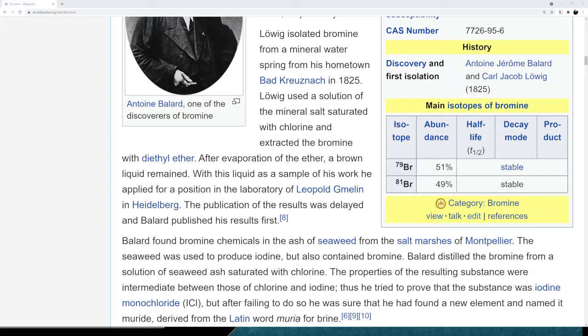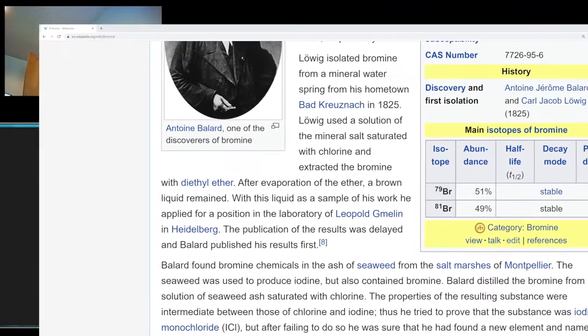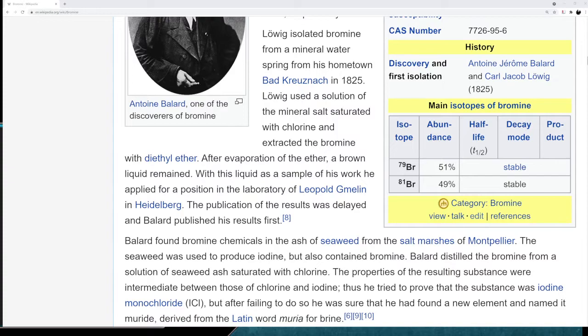But if I look on the periodic table, I saw neither of those numbers. I didn't see 79, I didn't see 81. I found something close to 80. I got 79.9. But wait. If we look at these, I'm sorry, I'm looking at these things over here.